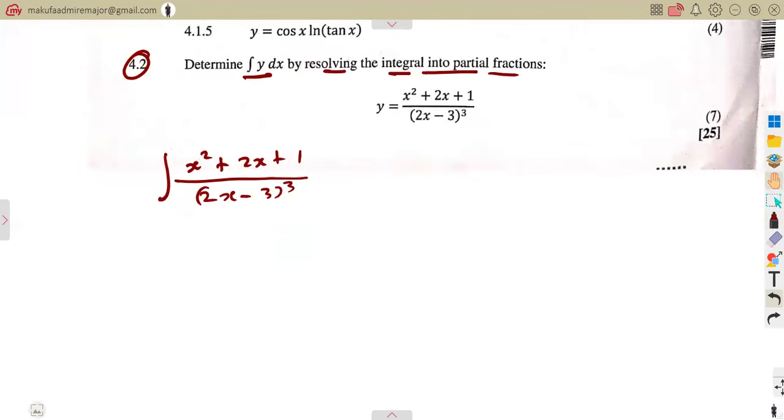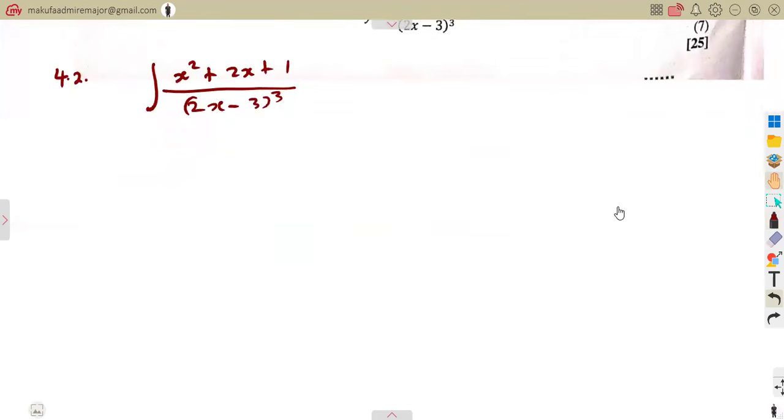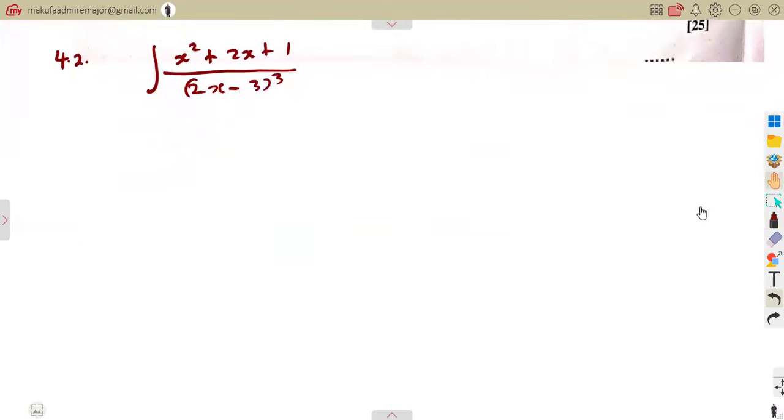Remember, our partial fraction is going to depend on the way that you are going to have this. This is a linear factor, but repeated to the exponent of 3 means it's repeating. So remember, how do you express this into partial fractions?